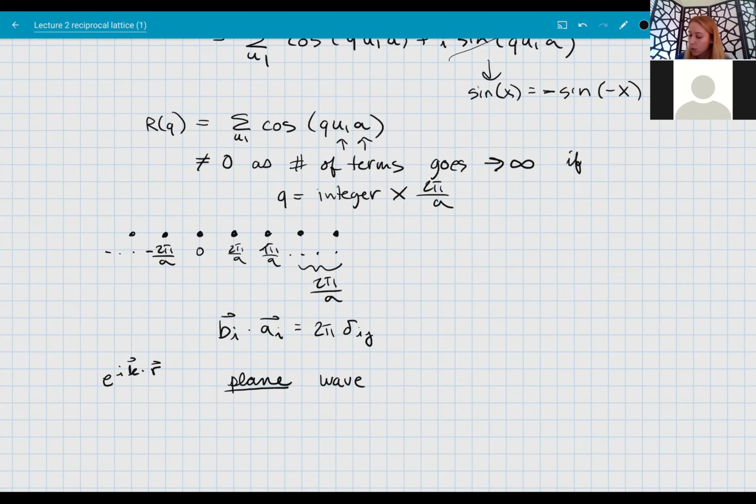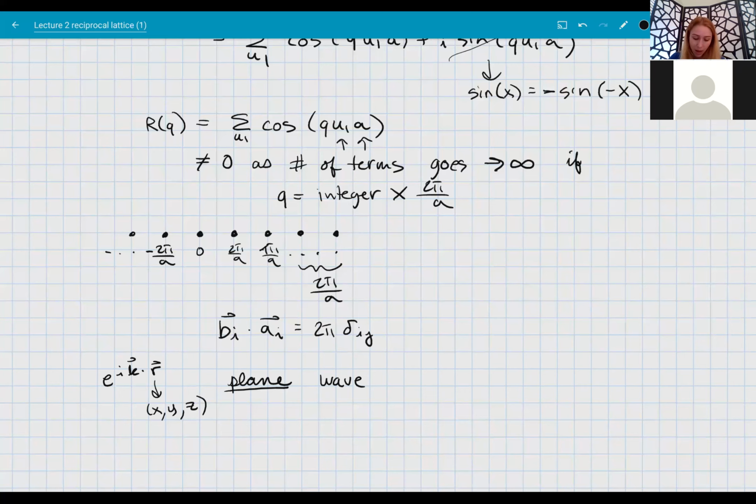Okay, so R is sort of the real space dimension. In 3 dimensions, we write it as coordinate x, y, z, and then k is sort of the wave number of the plane wave that also encodes information about what direction the wave is traveling.